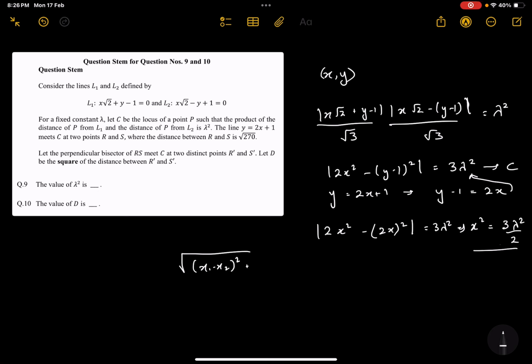We have y1 equals 2x1 plus 1 and y2 equals 2x2 plus 1. So the difference between them would be 2 times x1 minus x2, or the square of the difference between them would be 4 times (x1 minus x2) squared. So this becomes root 5 times modulus of x1 minus x2, where x1 and x2 are roots of this equation. So that gives me 2 root 5 into root 3 by 2 lambda.